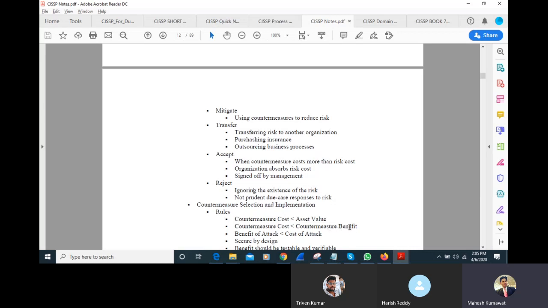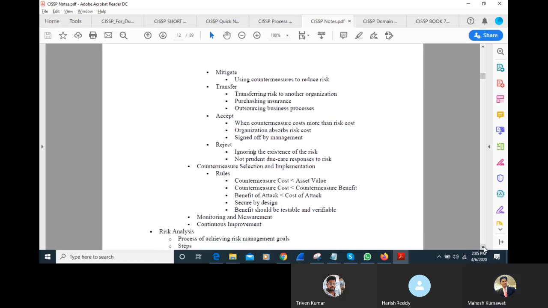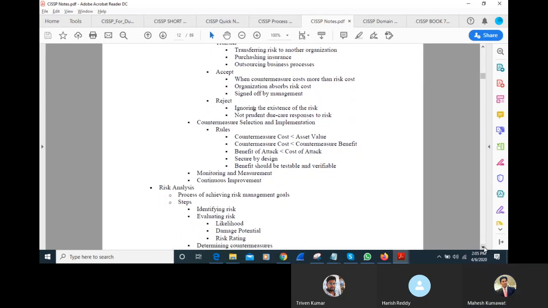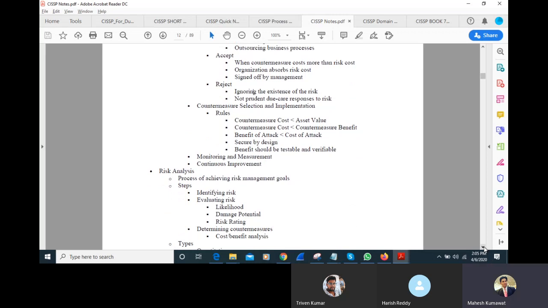If the benefit is that the risk is less and the cost of the attack is high, then we can go for it. These are some of the different rules available. The benefit should be testable and verifiable, with monitoring and measurement and continuous improvement.